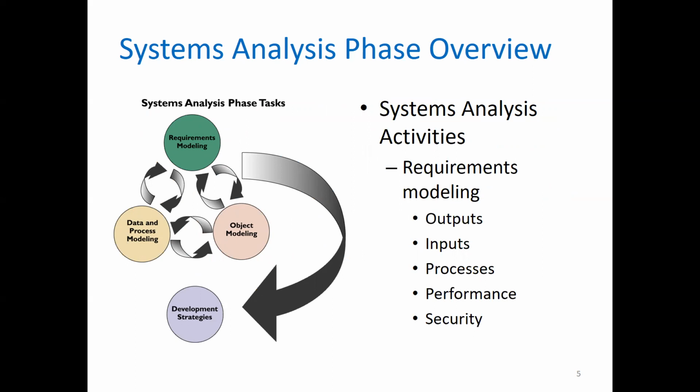Now, just to let you know once again, you have systems analysis. Within systems analysis, one of the activities is requirements modeling, and it is an important one. Within requirements modeling, you have outputs, inputs, processes, performance, and security. If we end up defining a requirements model, basically it involves fact finding to describe the current system and the identification of the new requirements for the new or upcoming system.